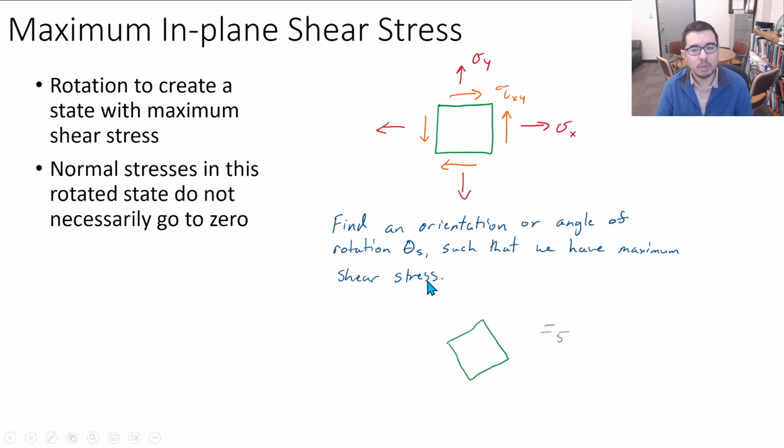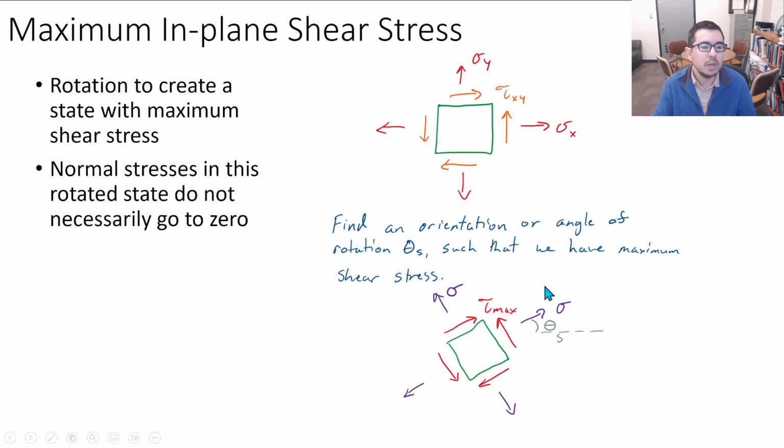So what we end up suggesting is that we can find an orientation that goes from this general state of 2D stress on a plane to one in which we have maximum shear stress and we still have some type of normal stress.